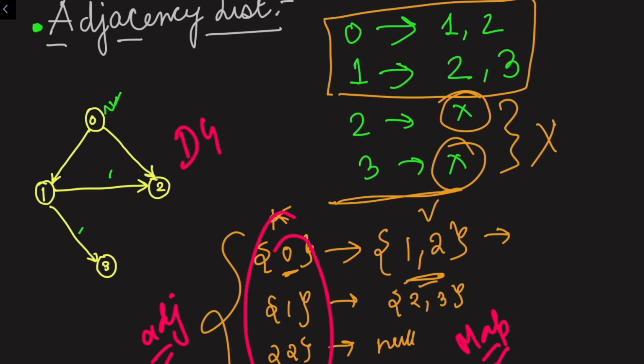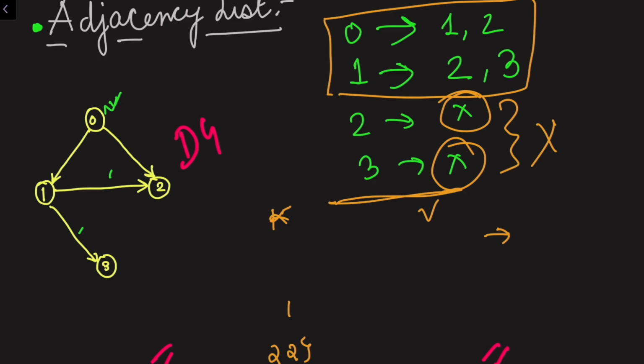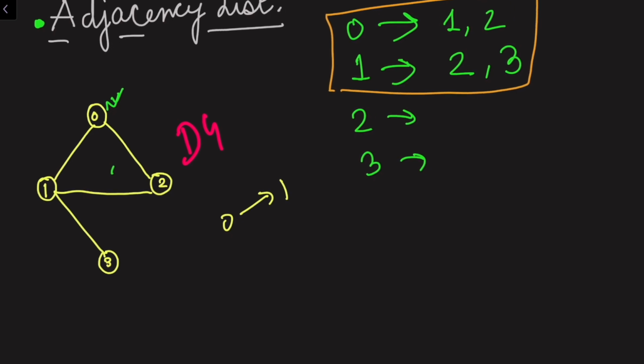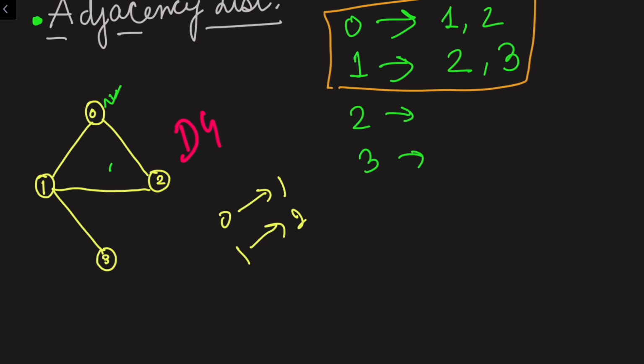Now for the undirected graph, it is done in the same way. I'll just clean this up a bit. So now if I remove the arrows and make it undirected, if there is a way from 0 to 1, then 1 to 0 is also a way.